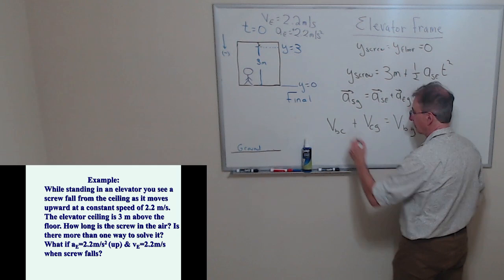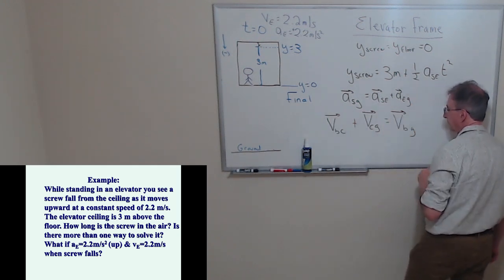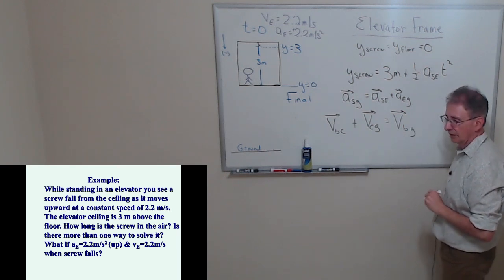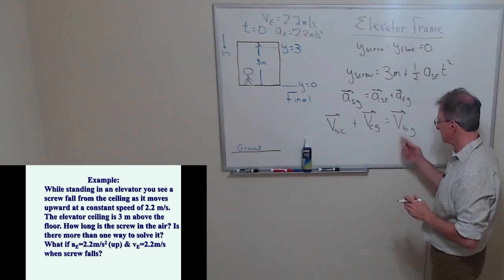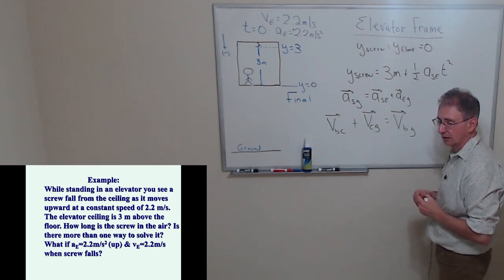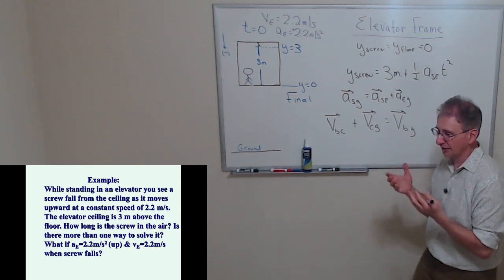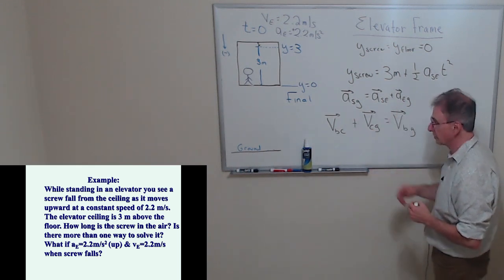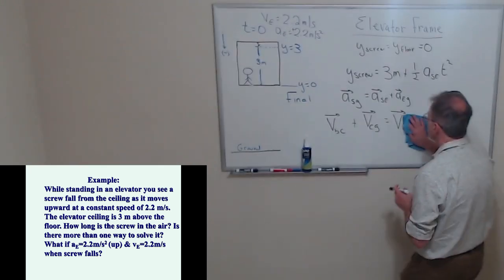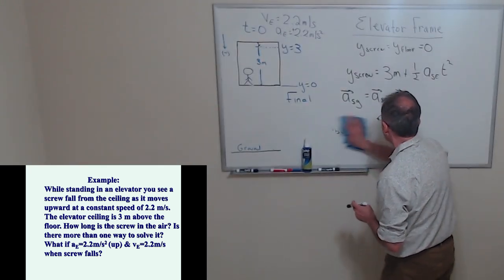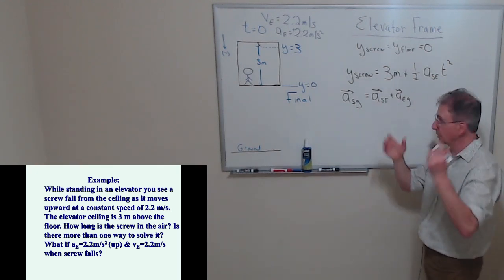Of course, in general, this is a vector equation. Those of you who know calculus, if you take the derivative of this, you get accelerations, and this has the same form as that. Granted, I only did this in one dimension, but this is true in 2 or 3 dimensions. So I want to know the acceleration of the screw relative to the elevator. I'm not going to put arrowheads over it because it's a one-dimensional problem.